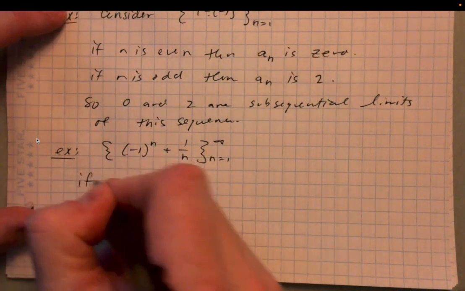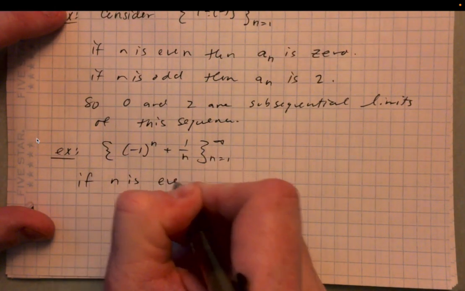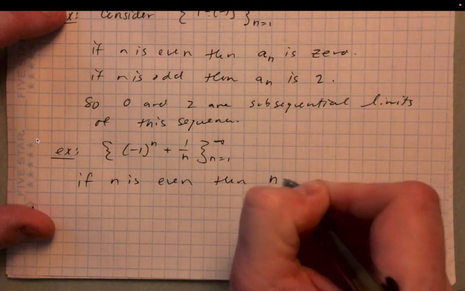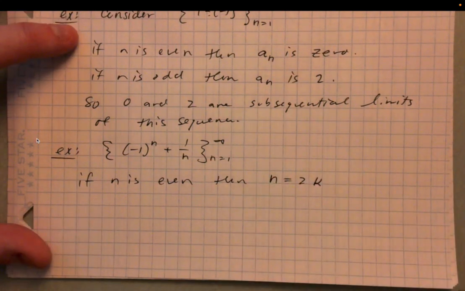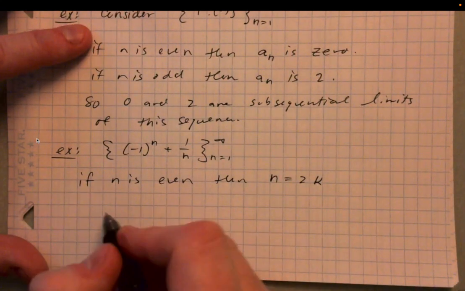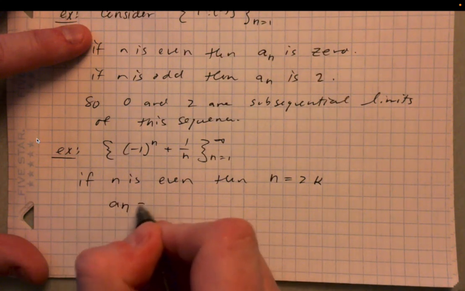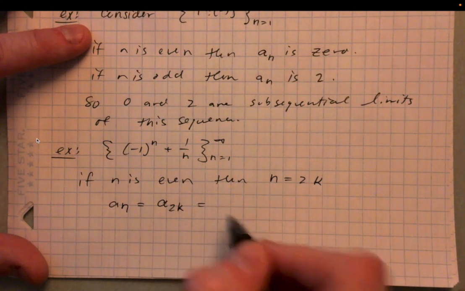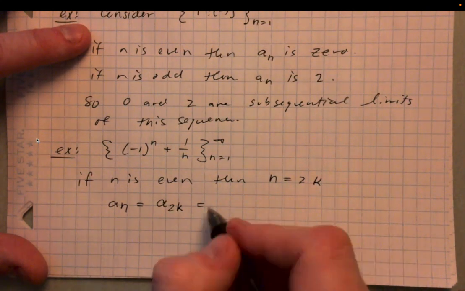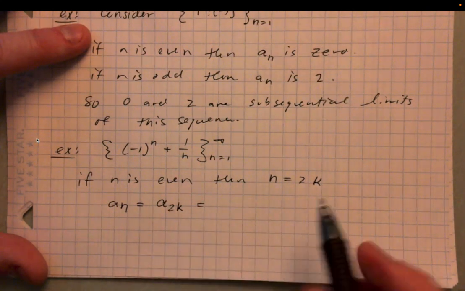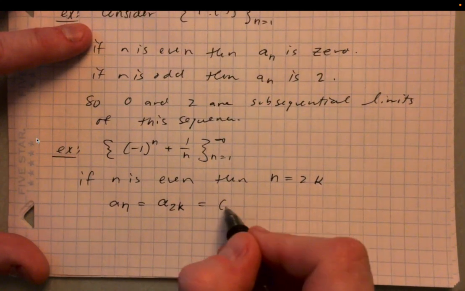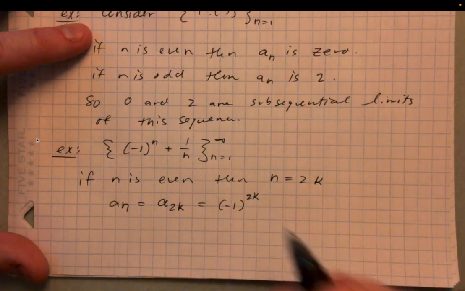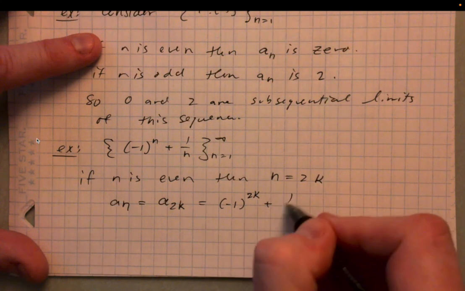So if n is even, then we'll say n is equal to 2k. This would be the way to index it. Then a sub n would be equal to a sub 2k, which would mean that the kth term of the sequence would be negative 1 to the 2k power plus 1 over 2k.